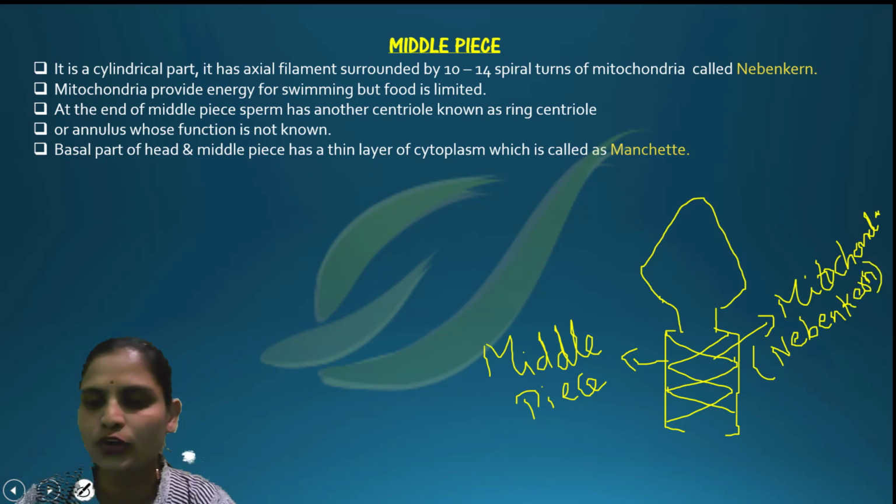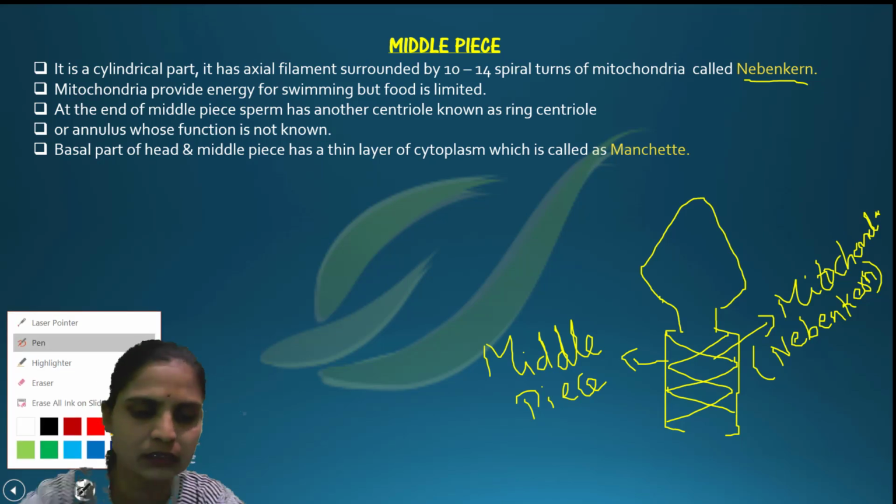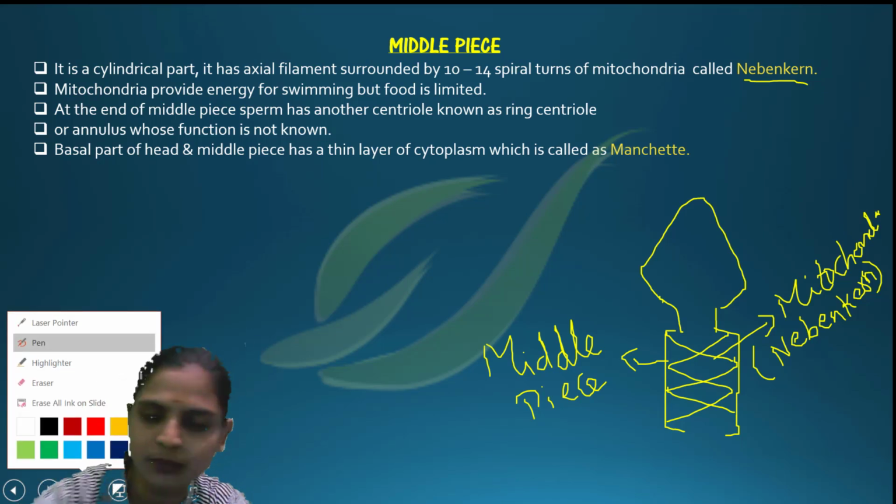The mitochondria in the sperm is called the Nebenkern because it is a spring-like structure. At the end of the middle piece, we can find a centriole.